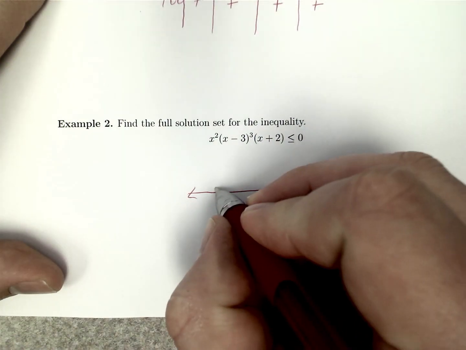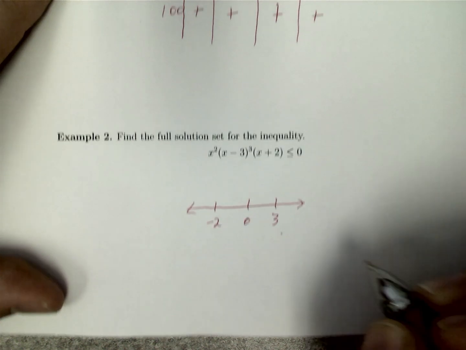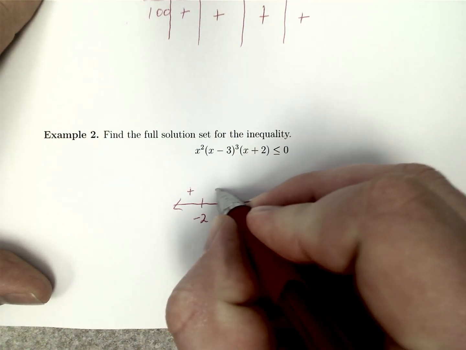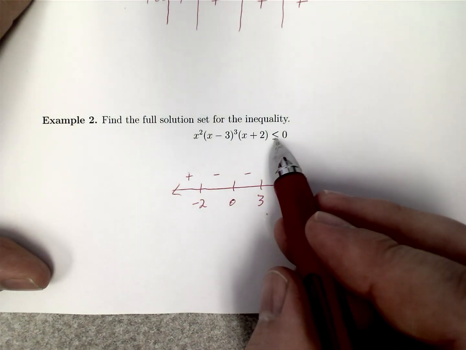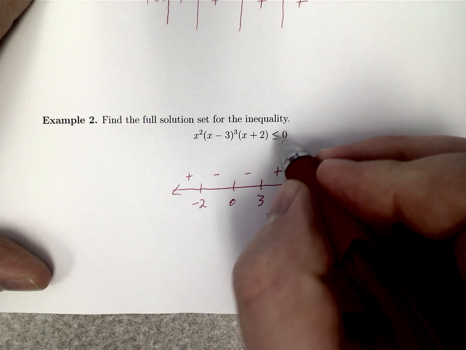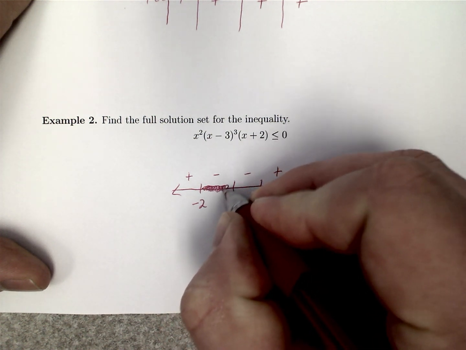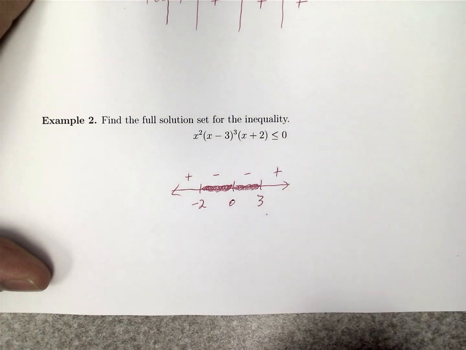So we had -2, 0, and 3. And we saw from above that we have positive, negative, negative, and positive. The only difference here is that we have a less than or equal to. We also saw that to satisfy the less than part of the inequality, we have this part shaded in.